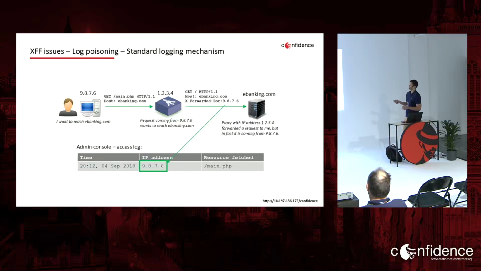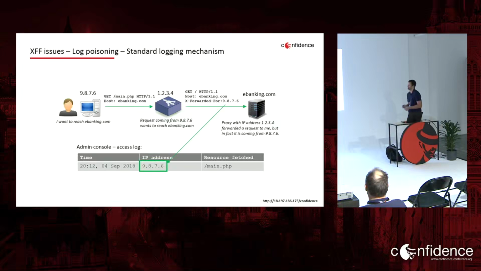This device puts an X-Forwarded-For header with the IP address of this customer, and it sends that to ebanking.com, right? So now the ebanking.com server knows that there is this device in between, so it will take the IP address from this header and put that directly into the access log on the server.